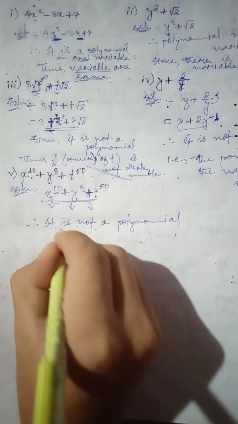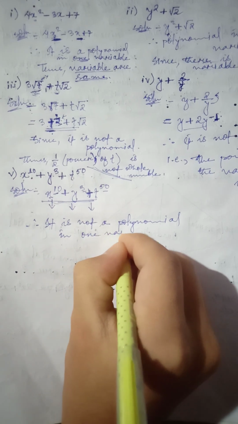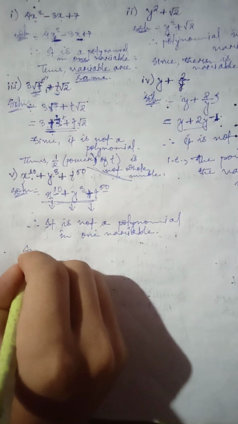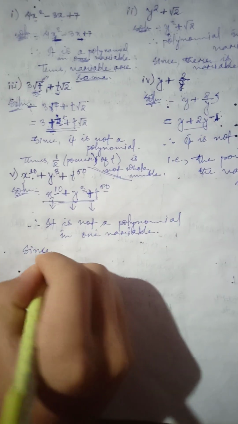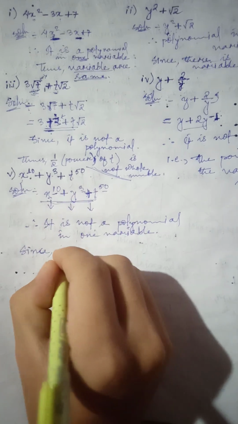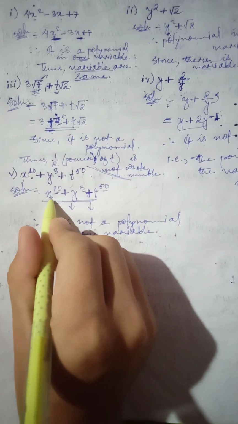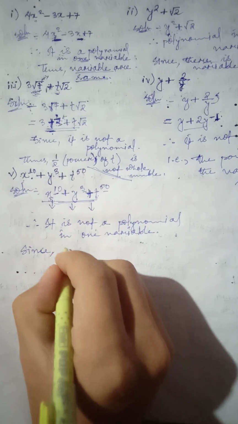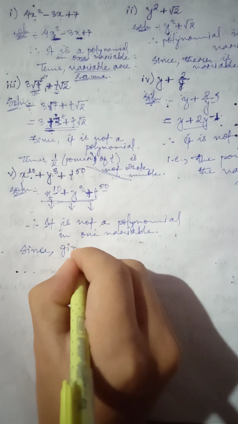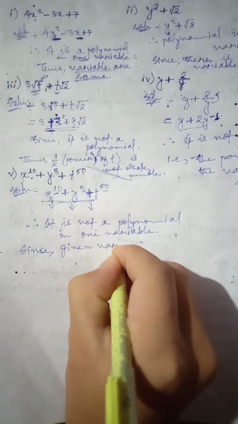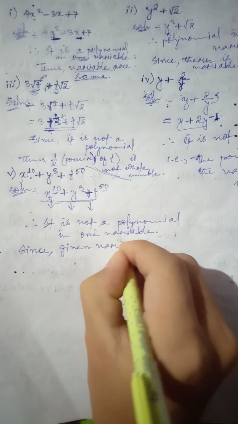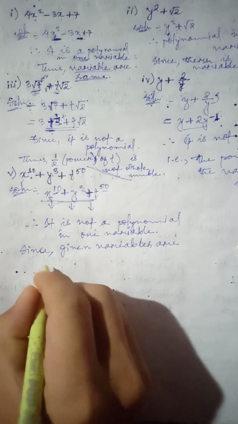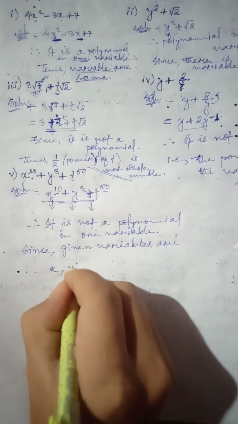Polynomial in one variable. The reason is, since the given variable is not 1, here we have x, here we have y, here we have t. That means the given variables are x, y and t.